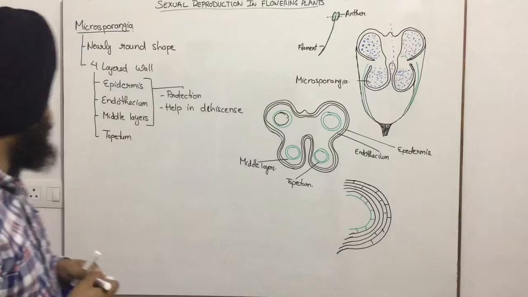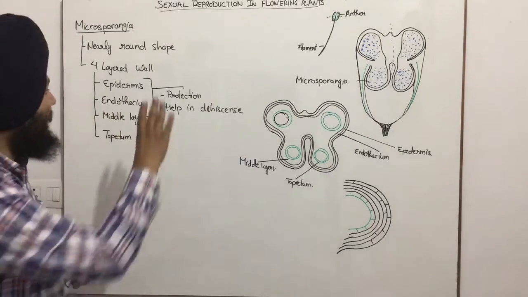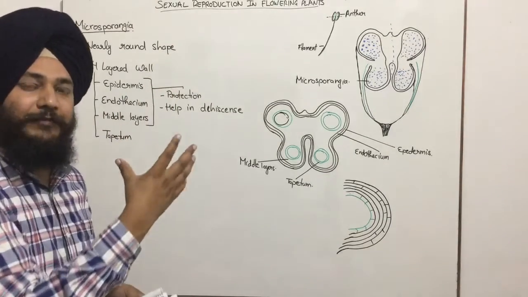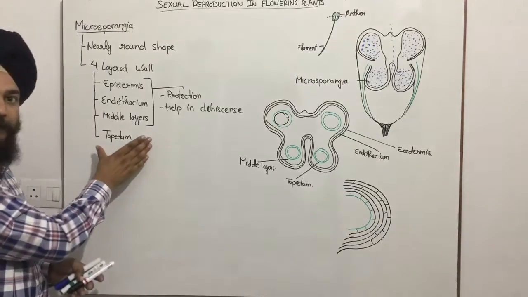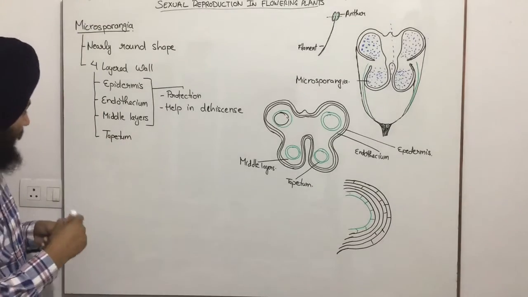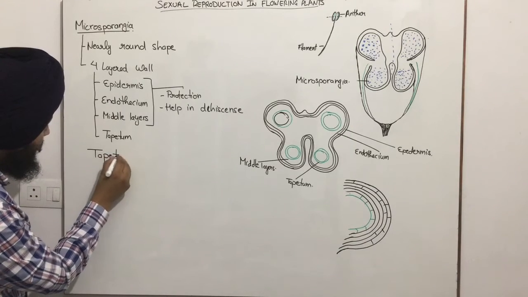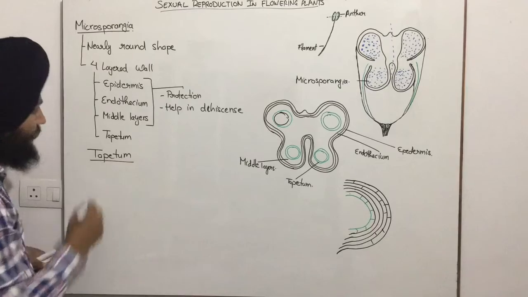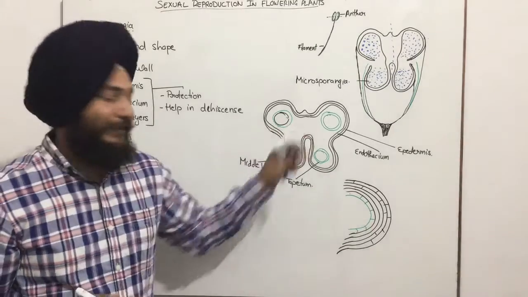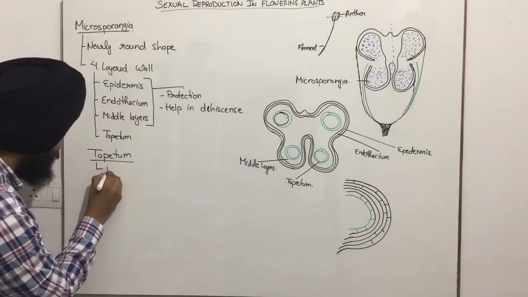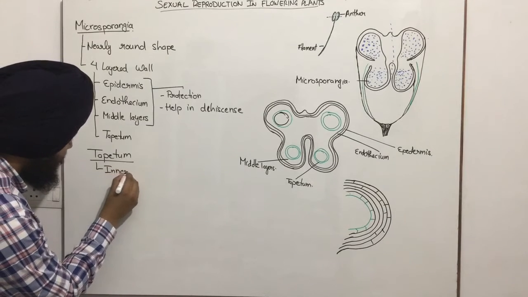Okay, so we have done the functions of the other three layers, but what is the function of the tapetum? So next we take up the tapetum. As we have said, it is the innermost layer.